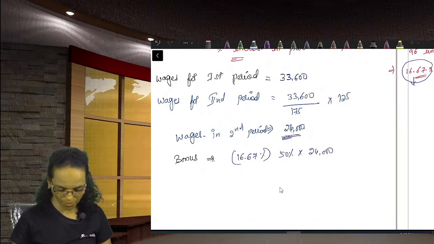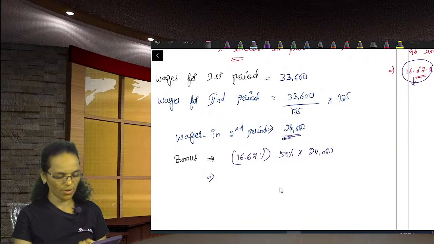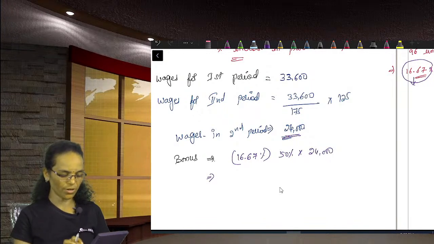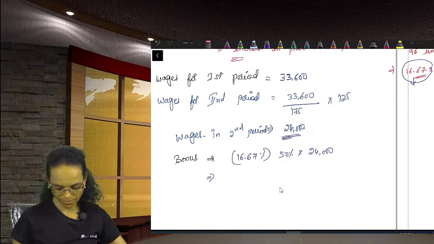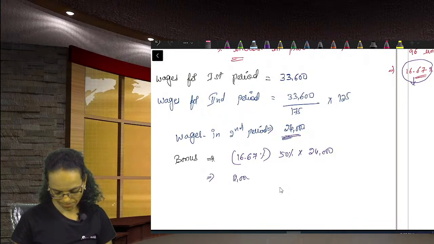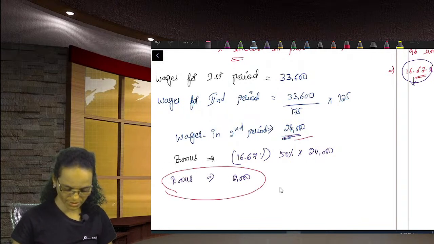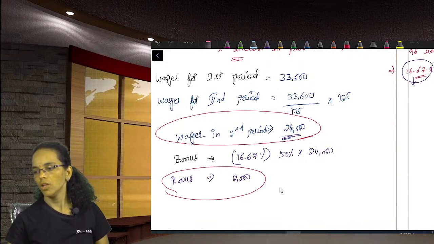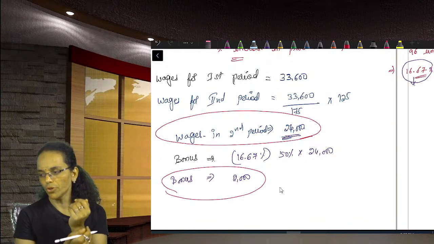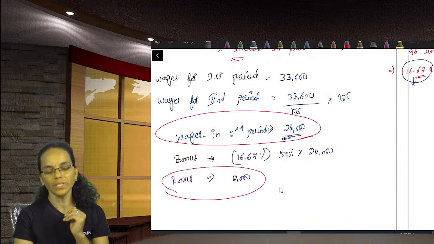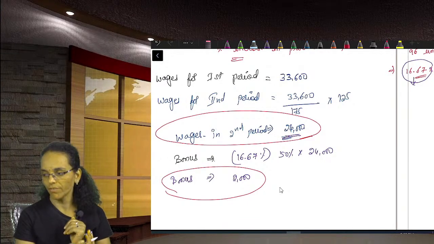So this is the amount that will be paid as a bonus. 24,000 into 16.67 percentage into 50 percentage, that is 2,000 rupees will be the bonus. So bonus 2,000 rupees and wages 24,000 rupees. We got it.